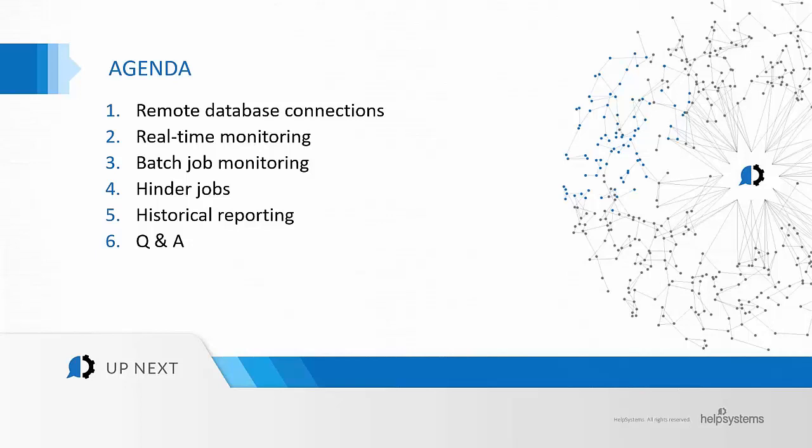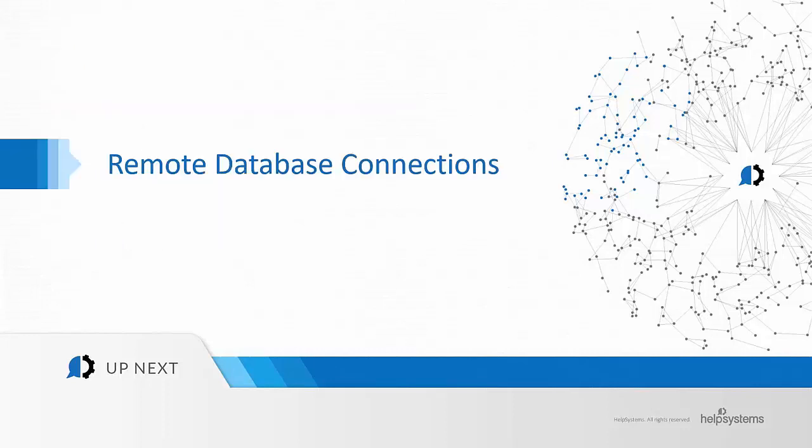We're going to talk about batch job monitoring too, because you've got a lot of either legacy code or modernized code running on your system, and there's a number of embedded SQL requests, no doubt, in those. We're going to talk about something called Hinder jobs. That's a function in Robot Monitor that allows you to throttle back offending jobs. We'll talk about historical reporting, and of course, we're going to leave some time for Q&A at the end as well.